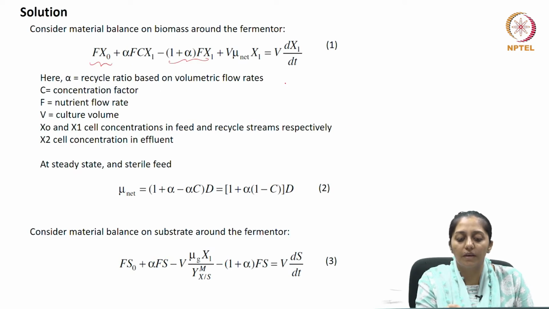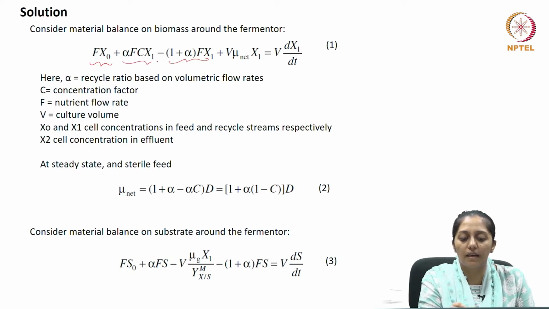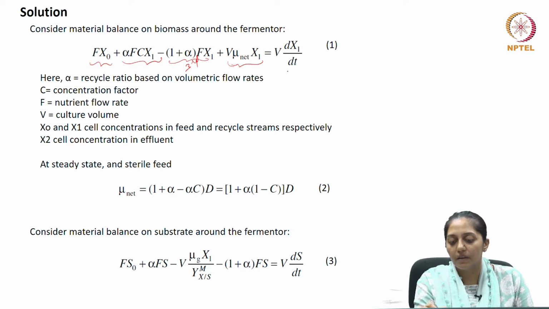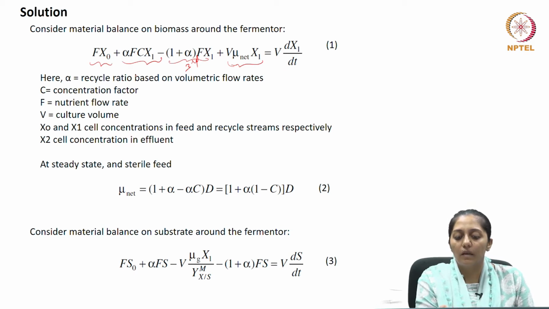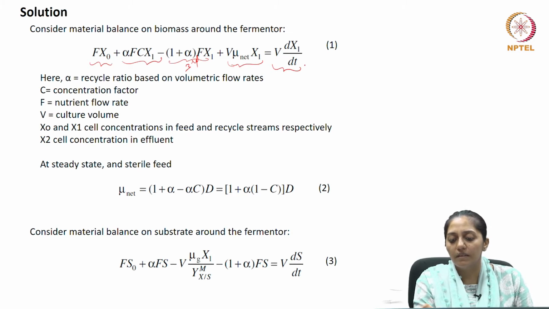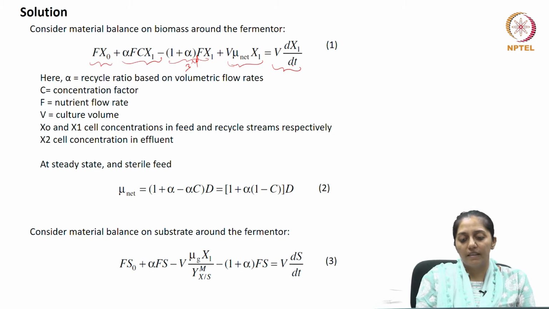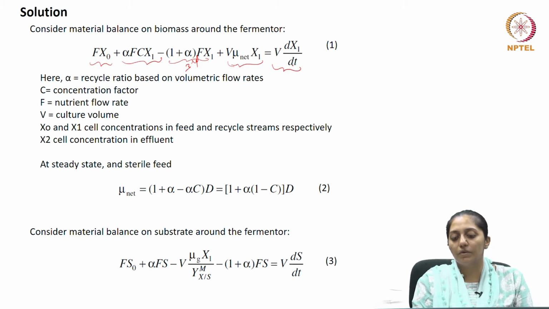So, this is the rate at which the biomass is leaving the reactor, the third term, and the fourth term is the rate at which the biomass is getting formed inside the reactor. The net of all these terms will be the rate at which the biomass will be getting accumulated inside the reactor, which has been denoted as dX1 by dt.